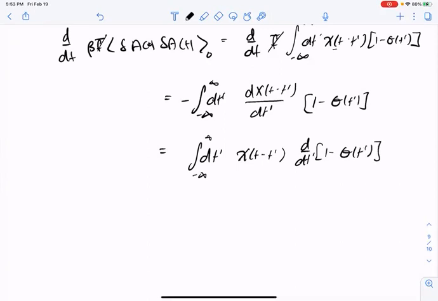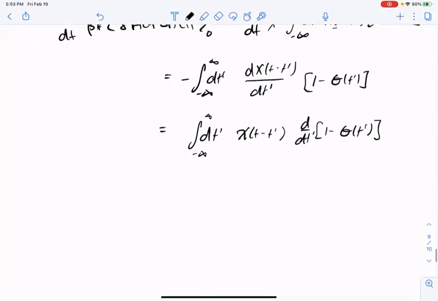The time derivative of the step function is a delta function. That's a delta function at the origin, t prime equals 0, which then kills that integral, giving me chi of t up to a minus sign.